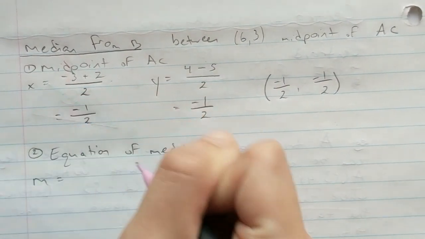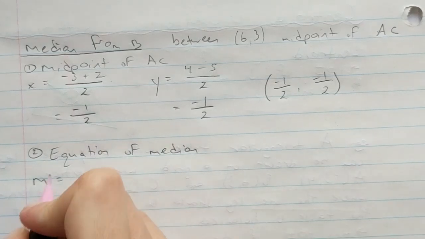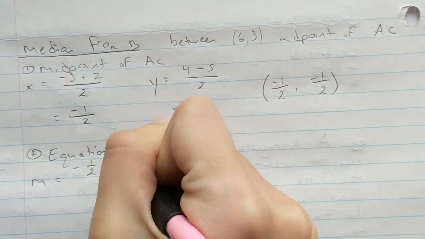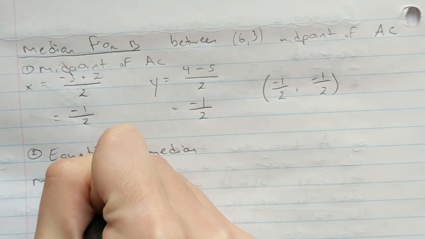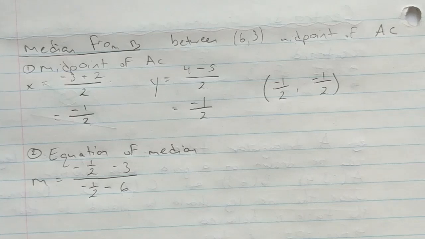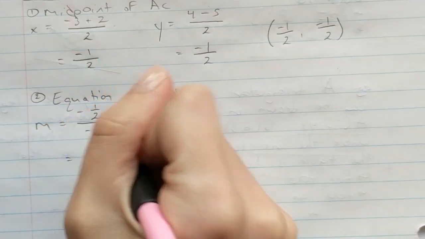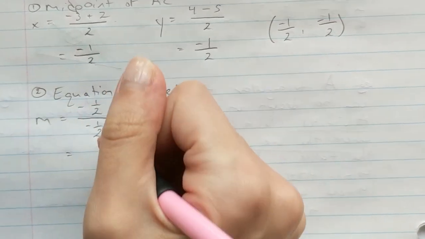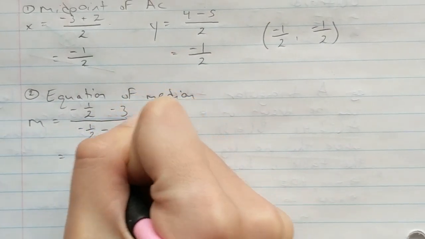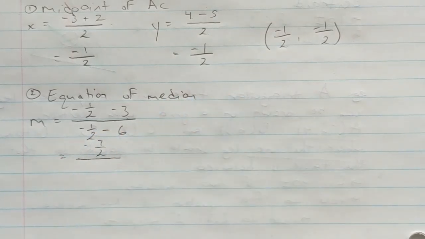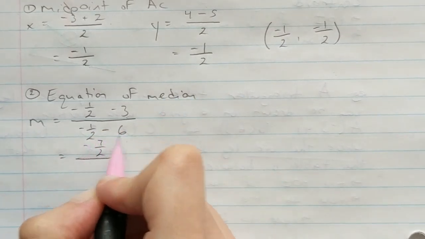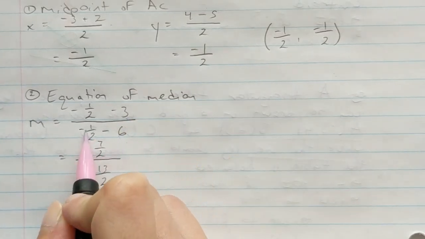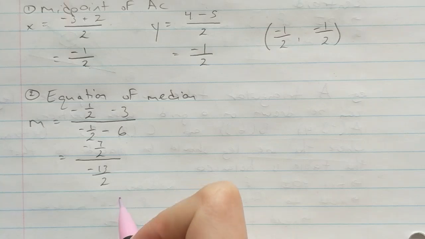So our slope is going to be equal to y2, so that'll be -1 over 2 minus 3, over -1 over 2 minus 6. Negative 1 over 2 minus 3, well, 3 is the same thing as 6 over 2, so this is going to become negative 7 over 2, all divided by negative 13 over 2, because 6 is like 12 over 2. 1 minus 12 is going to be negative 13.